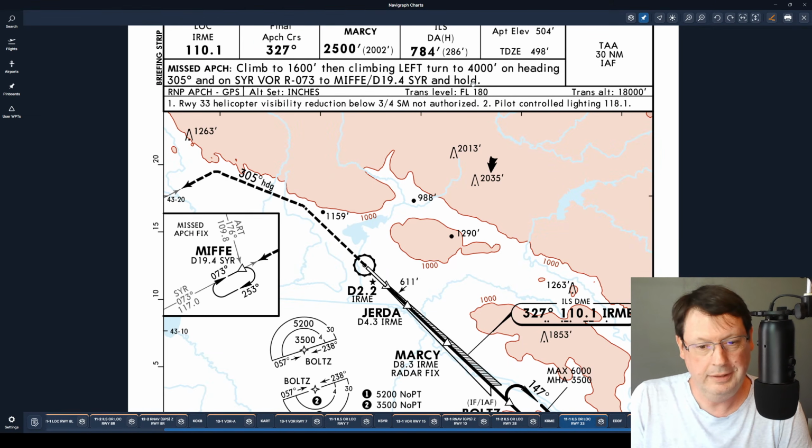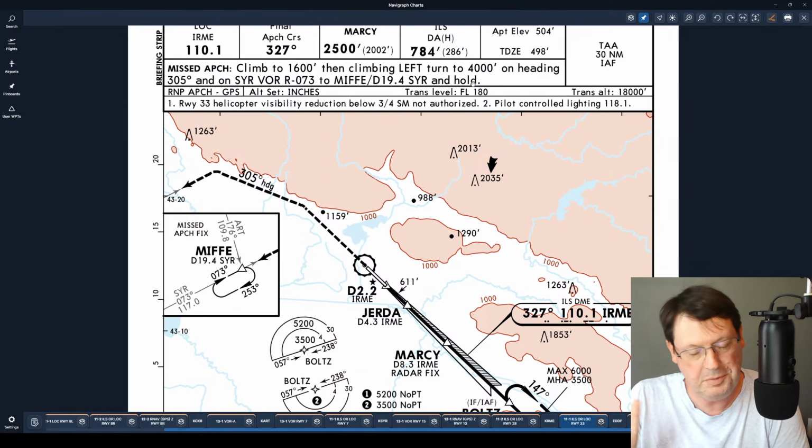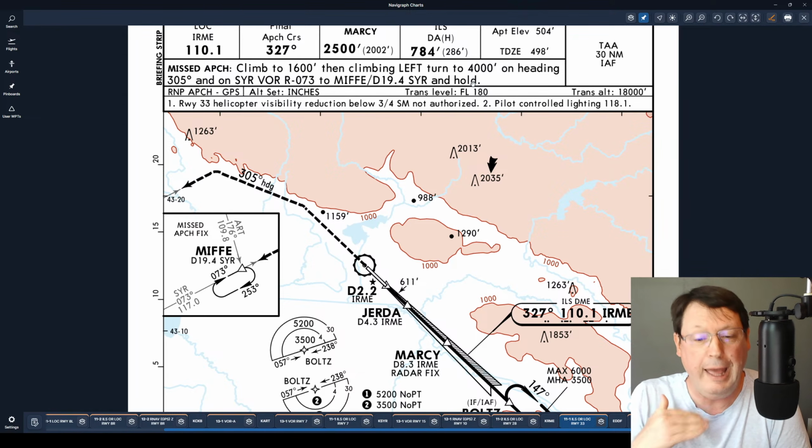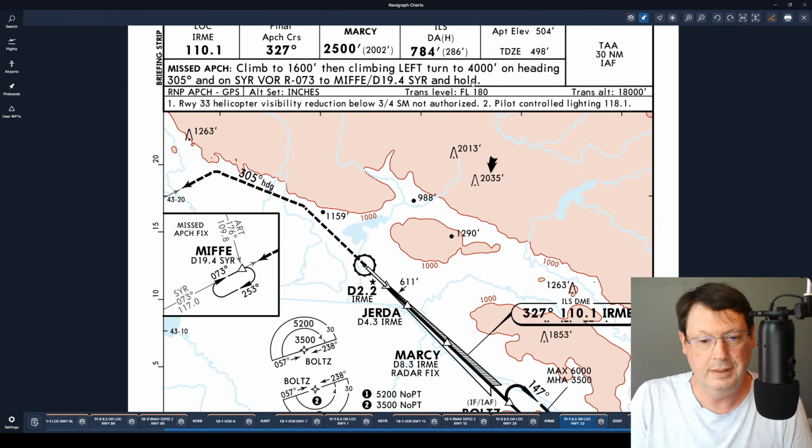Okay, so there's a lot in there. I have flown this missed approach. It takes forever, especially in a Cherokee, because it's a much longer distance away from the airport than you often get with a missed approach. Basically, you climb to 1,600 feet.